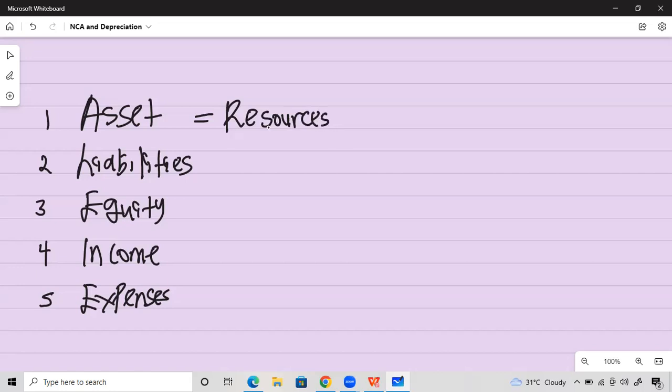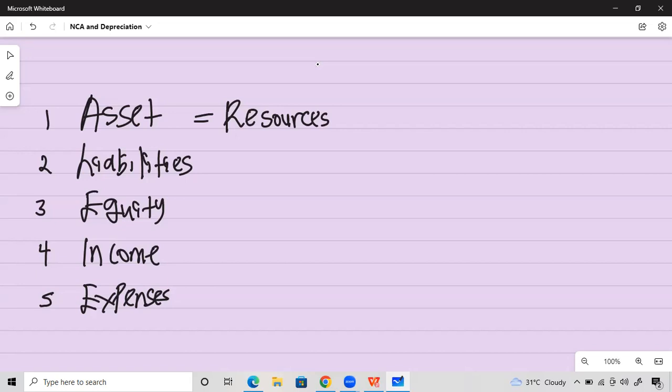A resource that is being controlled by who? By the entity. As a result of what? As a result of past events. Meaning that for you to say something is your asset, it's not something that you are going to buy tomorrow.